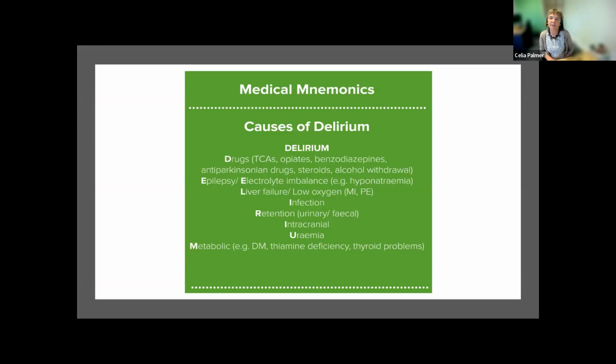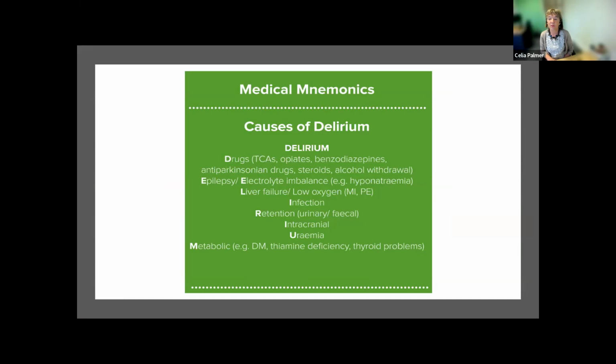I decided to put in a few mnemonics just because it reminded me of a long time ago when we had to learn these things. So one of the mnemonics for delirium uses the letters of the word delirium. So we've got drugs, and then obviously for us, benzodiazepines and opiates we're using commonly.